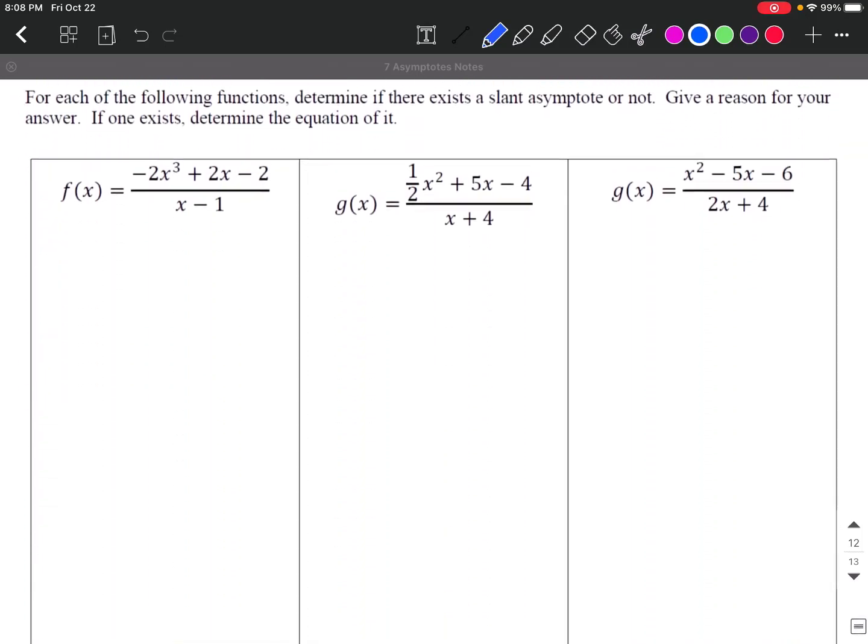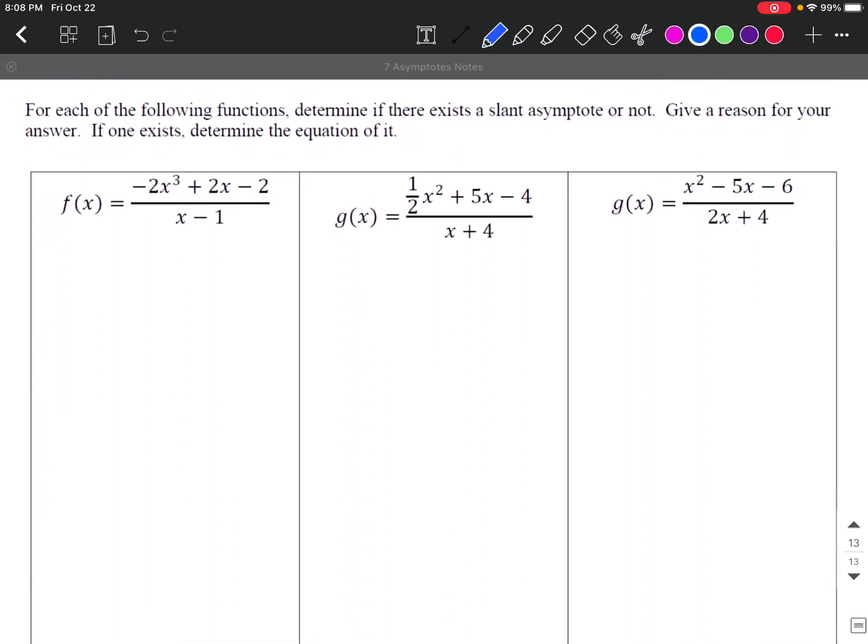Okay, let's try a couple examples of just finding the slant asymptote. First, we have to decide if there exists a slant asymptote. Remember, there's only a slant asymptote if the degree of the numerator equals the degree of the denominator plus 1.